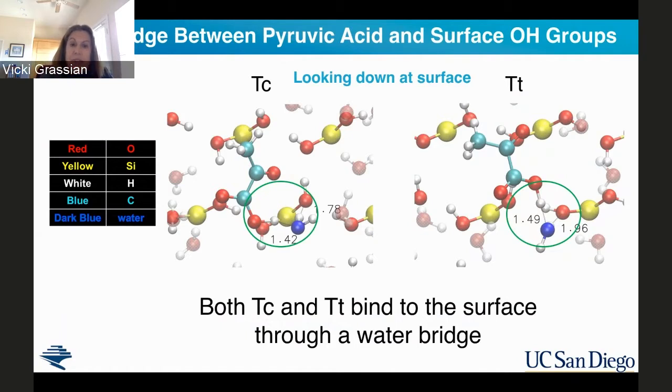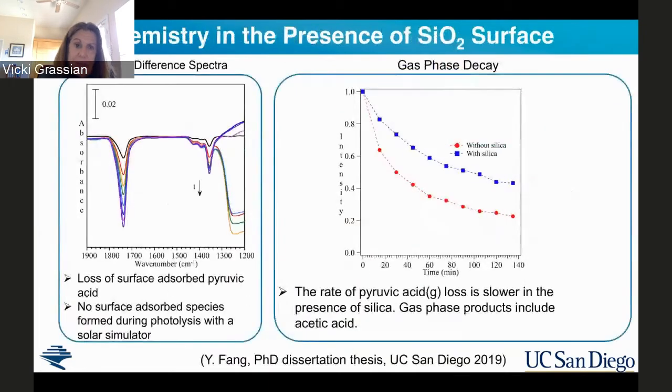It's that hydrogen bonding between the water, the silica, and the water and the pyruvic acid that is what's forming when we have a lot of water on the surface. So we sort of displace the pyruvic acid up, and we see that water is interacting as that bridge between the silica surface and the pyruvic acid. So some interesting observations and what we can learn from these MD simulations.